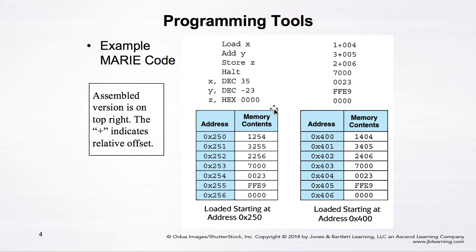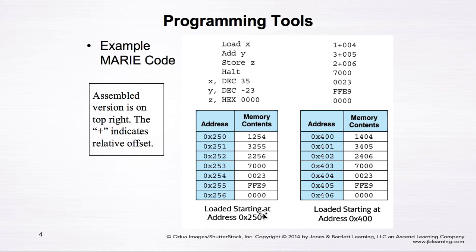So for example, if the program is loaded into memory with the starting address 0x250, you can see that with the offset of 4, the memory content of the first instruction is going to be 1254. The first digit indicates the instruction, and the rest is the offset in memory.